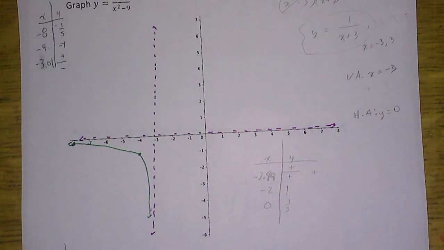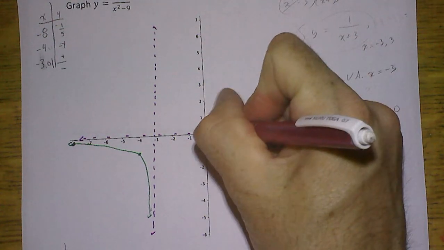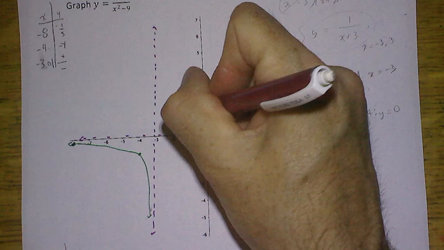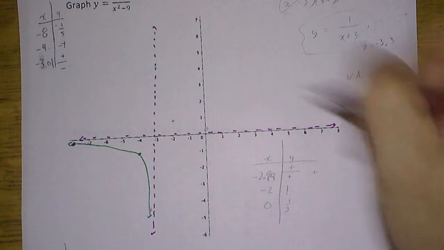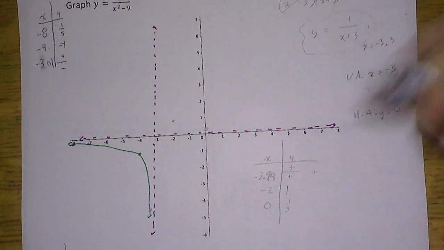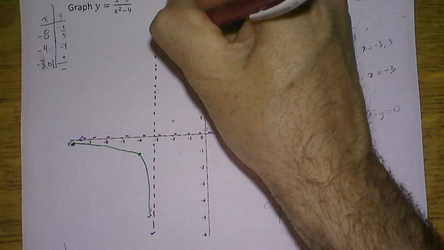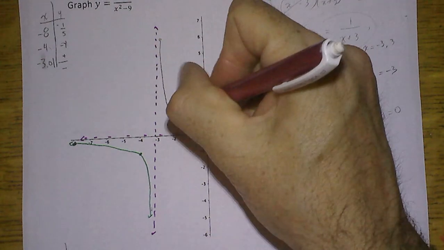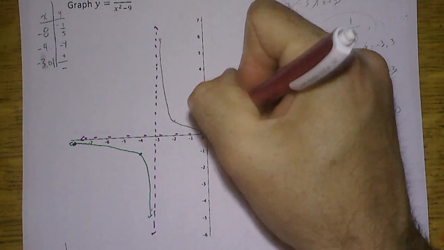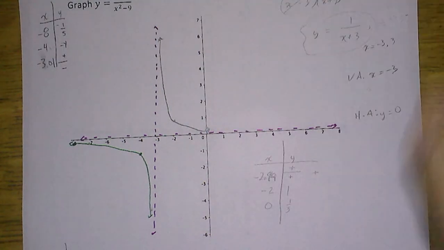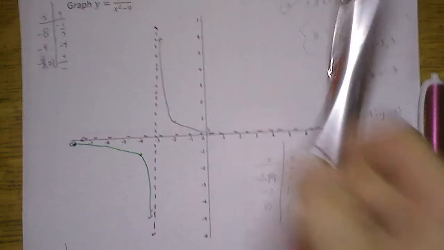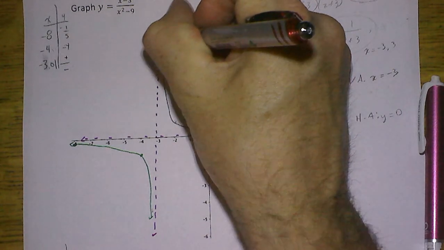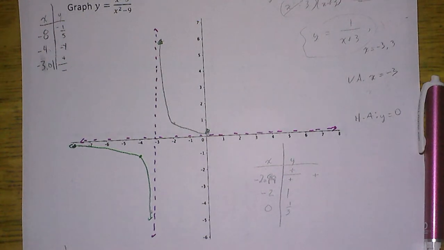So I'm just going to graph those points. 0, 1/3, negative 2, 1, and negative 2.99, positive really high. And there it is. And by the way, there are tons of rules about asymptotes, and you'll get it a lot more in grade 12. But you can never curl away from an asymptote.